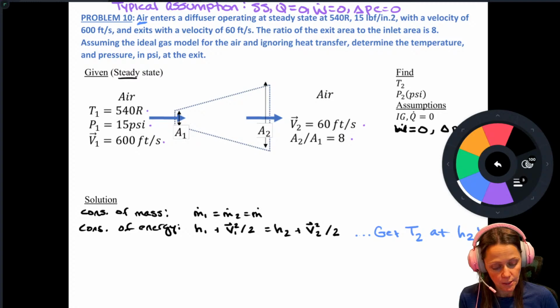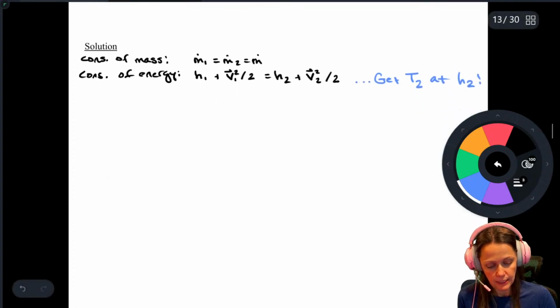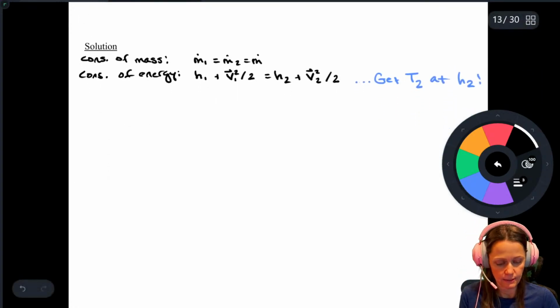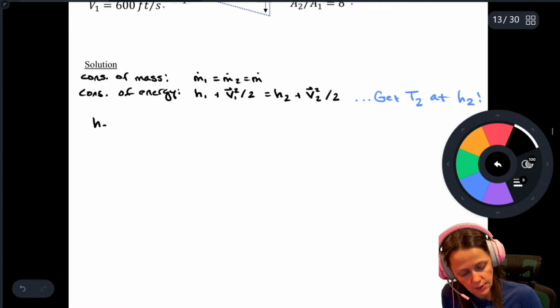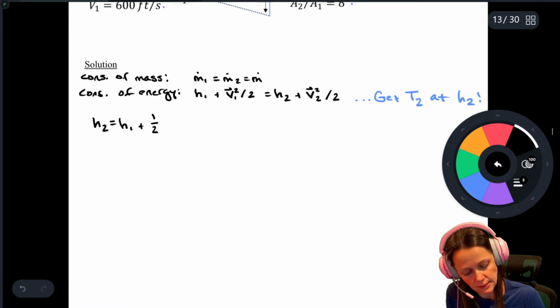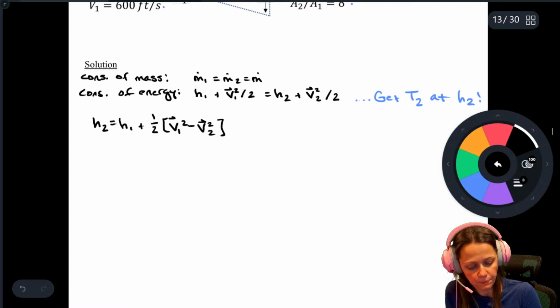All right, so perfect. Let's go ahead and get H2. So H2 is going to be H1 plus 1/2 times V1 squared minus V2 squared.